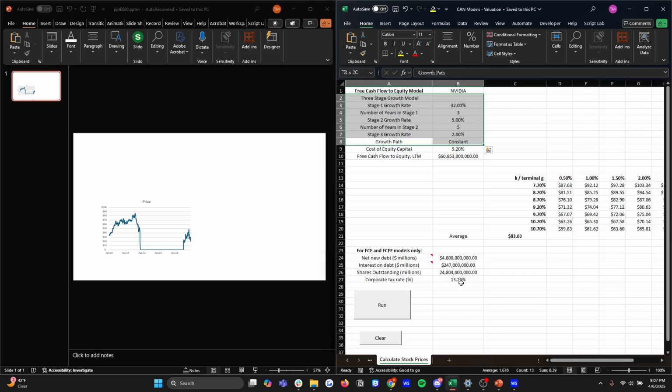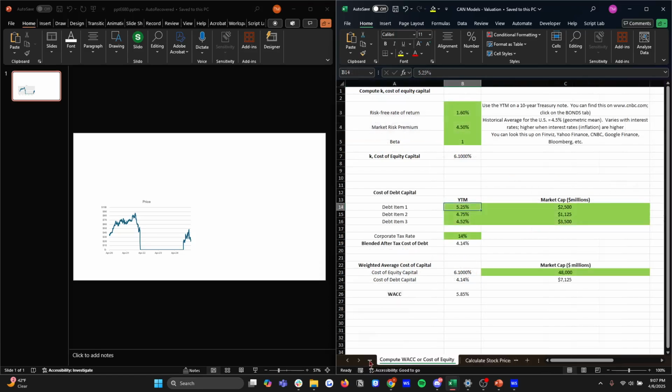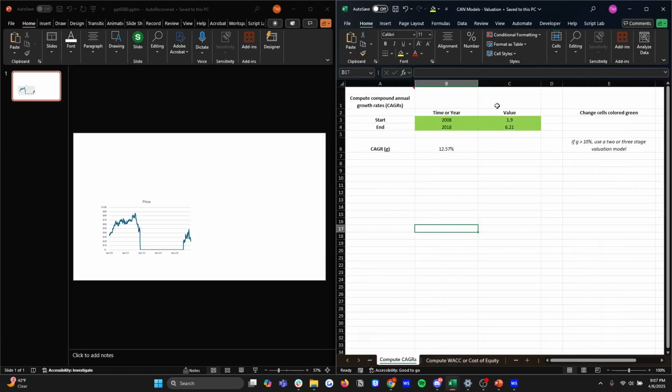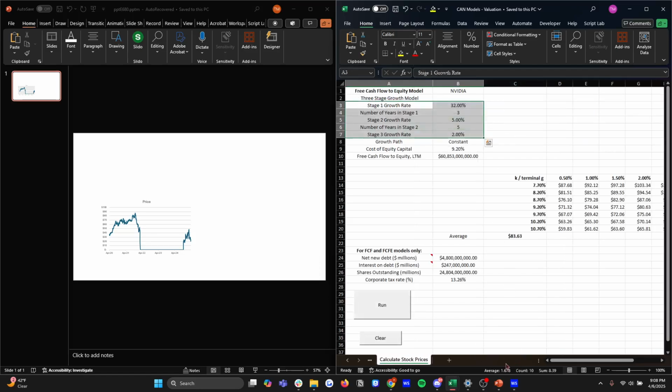So let's talk a little bit about this section. When it comes to deciding growth rates, you can do a few things. You could put your CAGR, like your previous cash flow growth. If your cash flows are from a certain year to a certain year, look at how you're going to grow those.